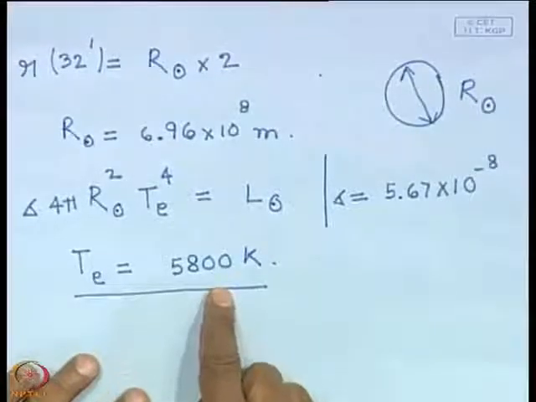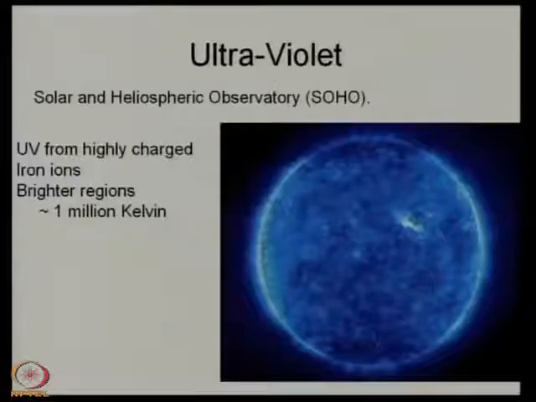The same is true for the far ultraviolet. This is an ultraviolet image of the sun. This image is from the SOHO observatory, which is a space observatory, and this image measures the ultraviolet from highly charged iron ions.